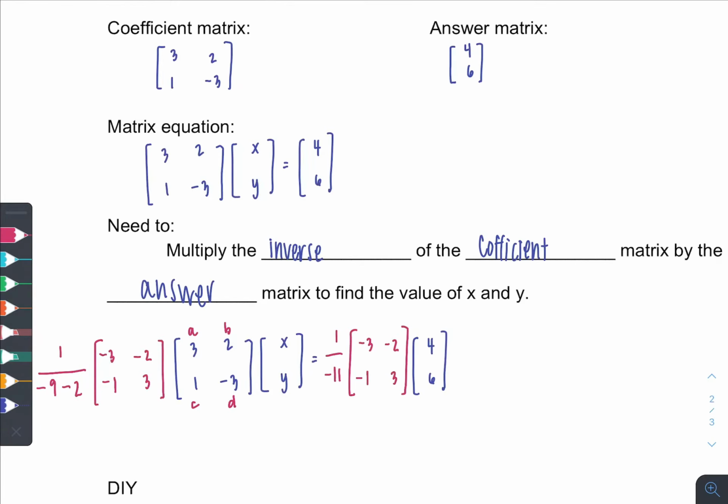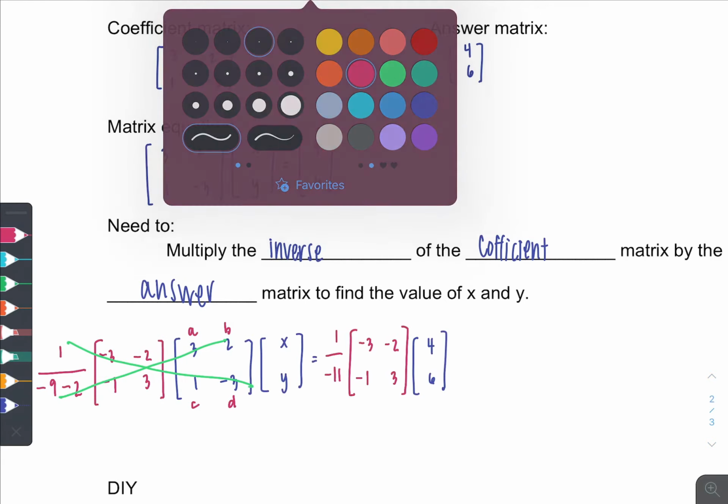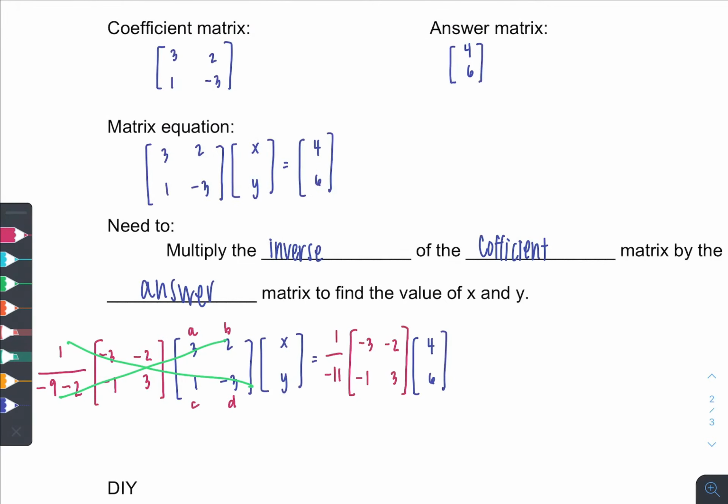Okay, so when we do that, this cancels because it's its inverse. We just have to multiply on the other side here. So leaving the negative 1/11th for now, we've got x, y, equal to negative 1 over 11, and then we want to do this multiplication.